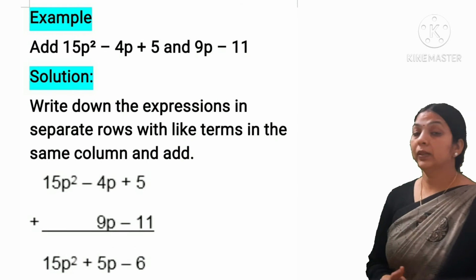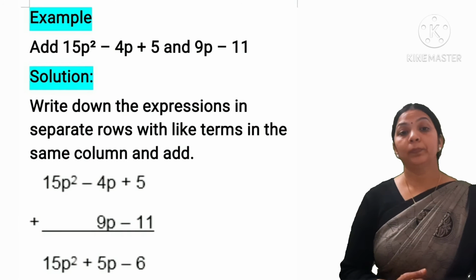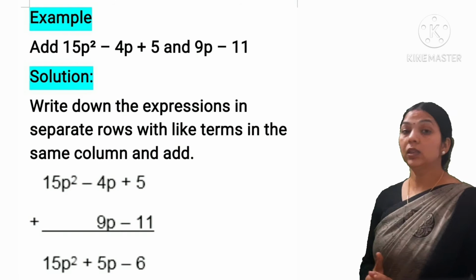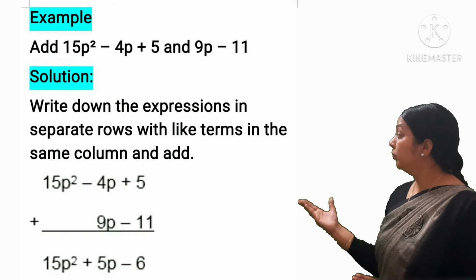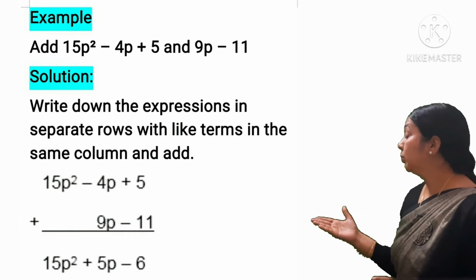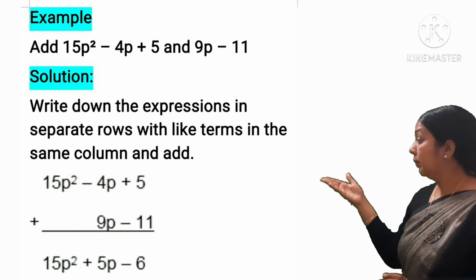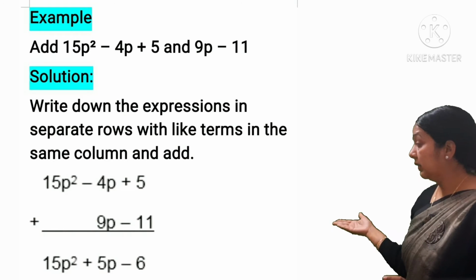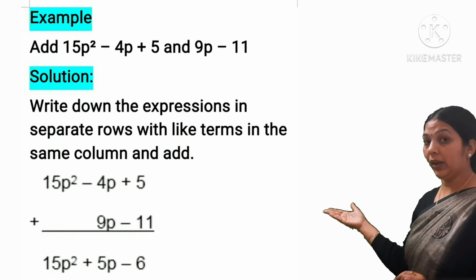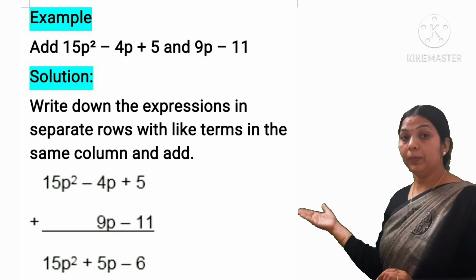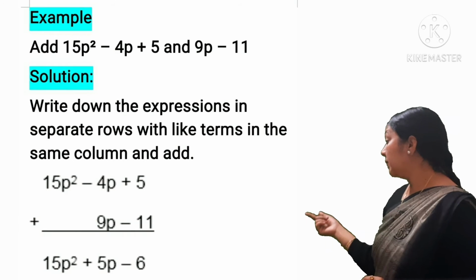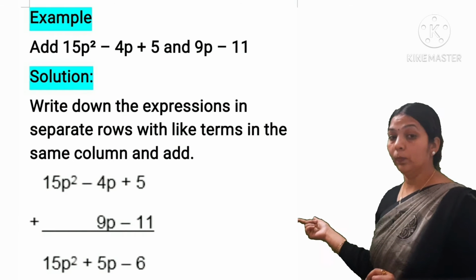Let's take this example, that is 15p square minus 4p plus 5 and 9p minus 11. These two expressions are there. What we have to do? We have to add both of them. We will write them one above another, like this: 15p square minus 4p plus 5. Because minus 4p and 9p are like terms, we will place 9p below the 4p.